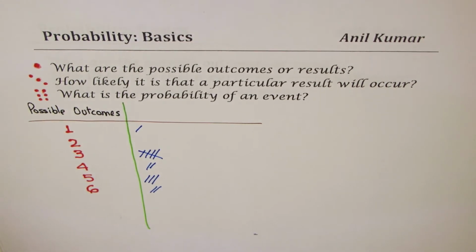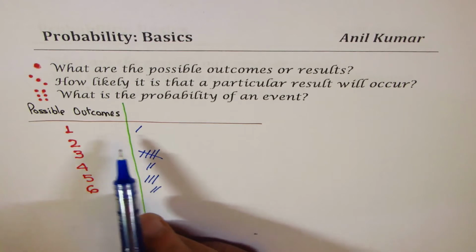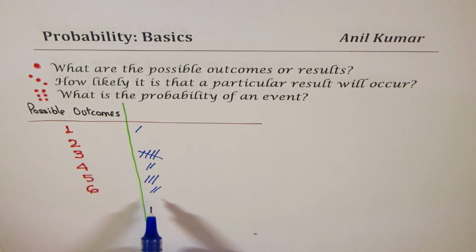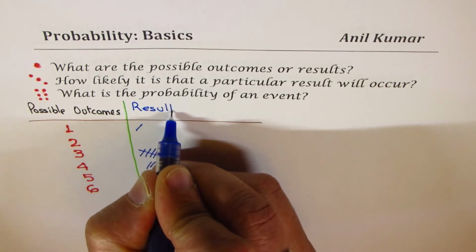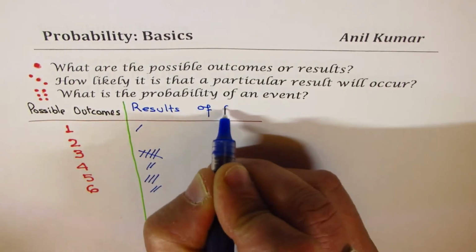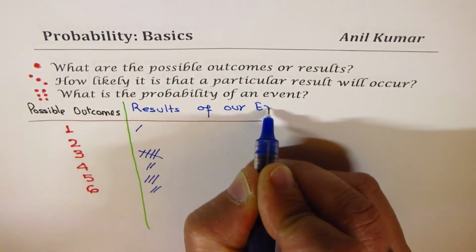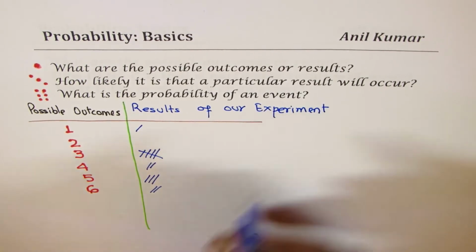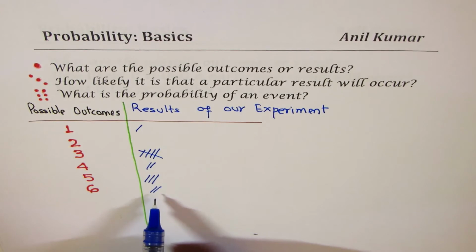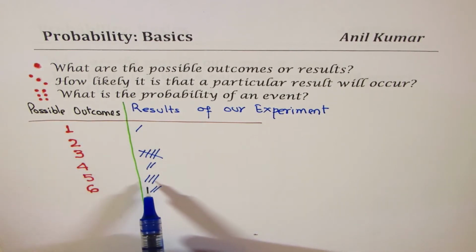So we performed an experiment and the results are shown here. Correct? So these are results of our experiment, in which we have written all the outcomes which came.